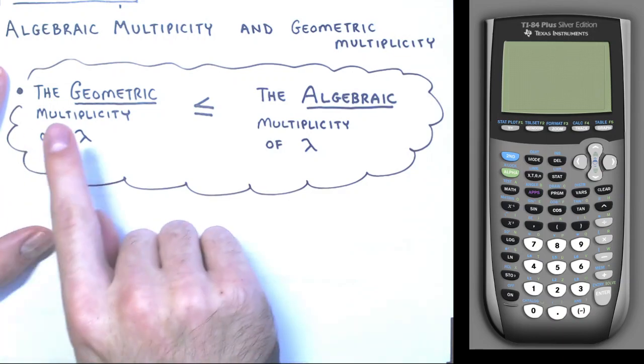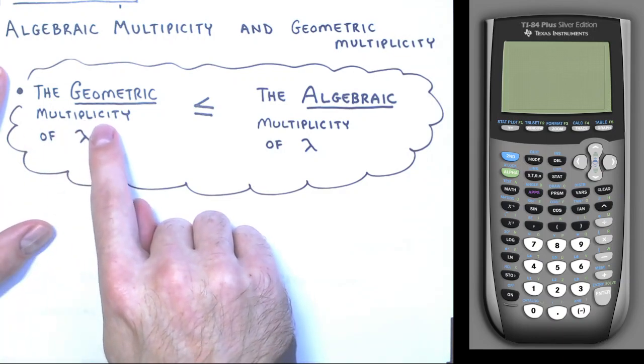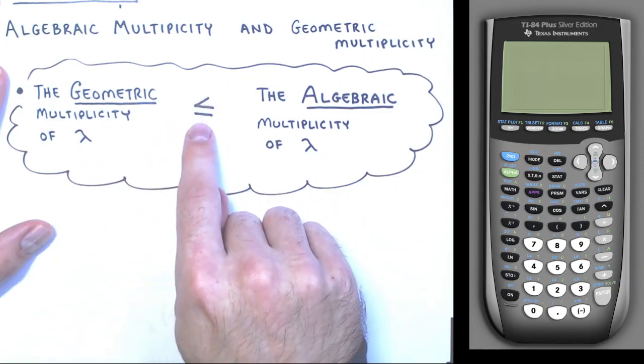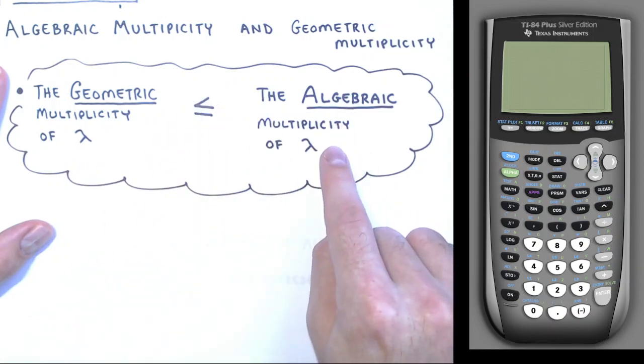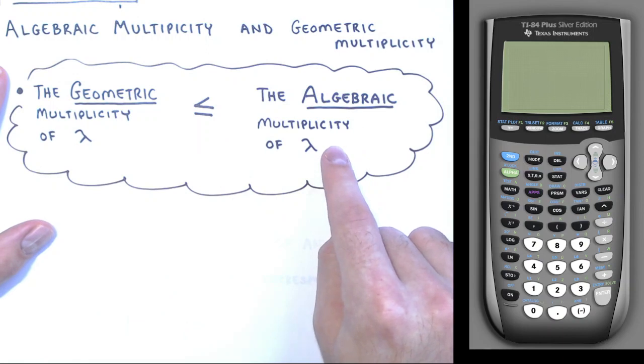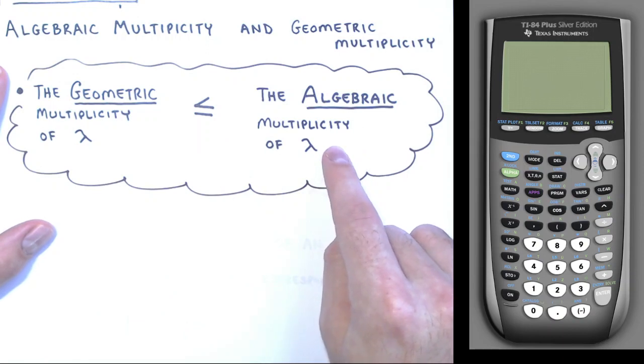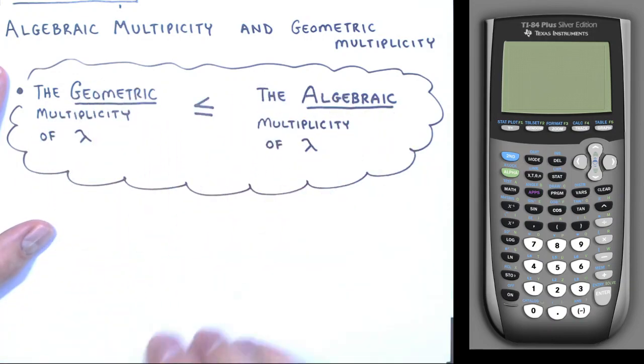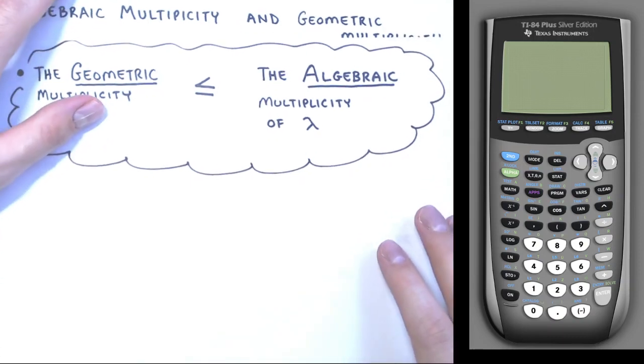So the dimension of the eigenspace corresponding to lambda will be less than or equal to the number of times lambda repeats as a solution in the characteristic equation. Geometric multiplicity is less than or equal to the algebraic multiplicity. And again, I'll write all this out when we go through some examples. So lots of definitions, lots of fancy words, describing pretty simple concepts.